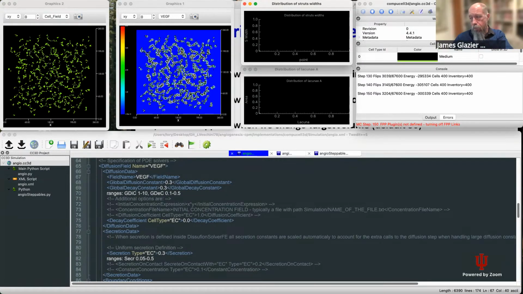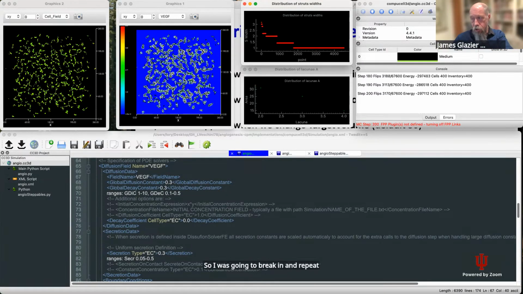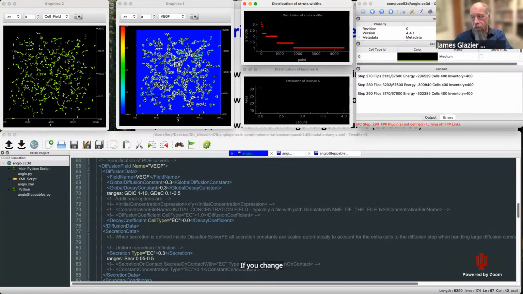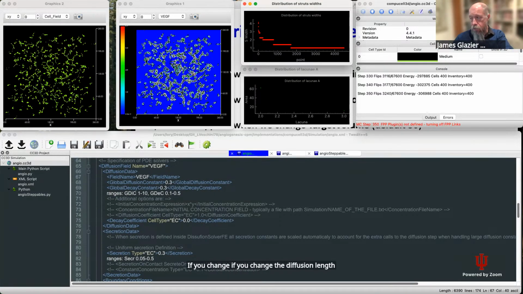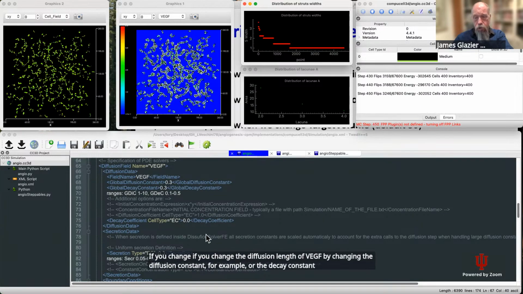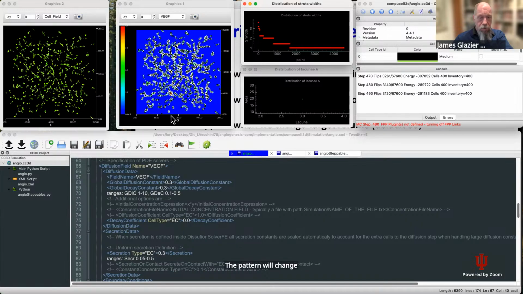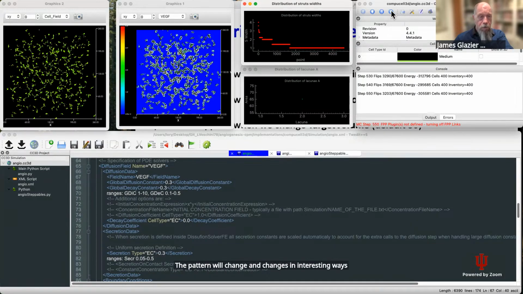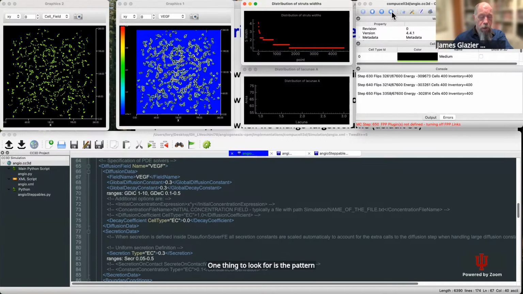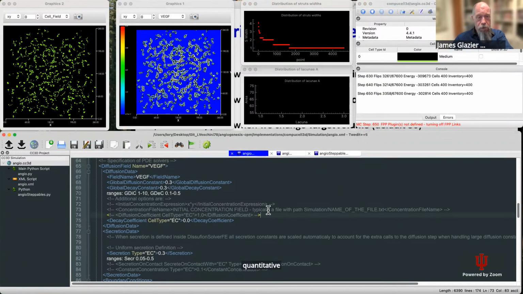I was going to break in and repeat what I said in the chat. If you change the diffusion length of VEGF by changing the diffusion constant, for example, or the decay constant, the pattern will change, and it changes in interesting ways. One thing to look for: does the pattern change quantitatively only, or does it also change qualitatively? The initial density of cells in the simulation makes a difference.